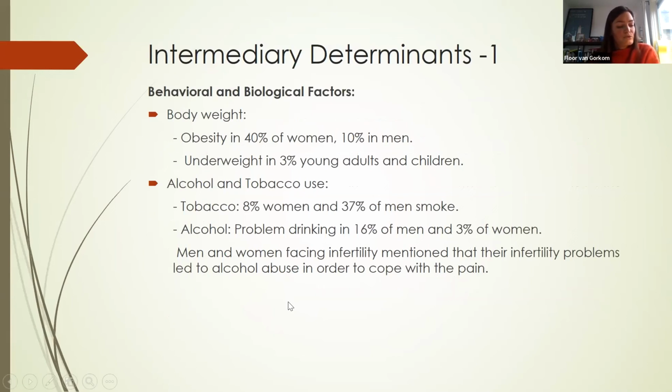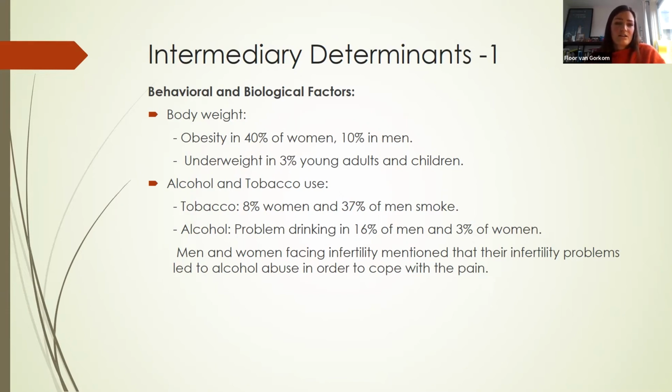Then if you move to the third column, you look at intermediary determinants, and you can look at behavioral and biological factors. One of the things associated with infertility is body weight, that is, obesity and being underweight. They can both influence one's fertility. Obesity is most common in women, 40%, and 10% in men, and underweight is not that common.